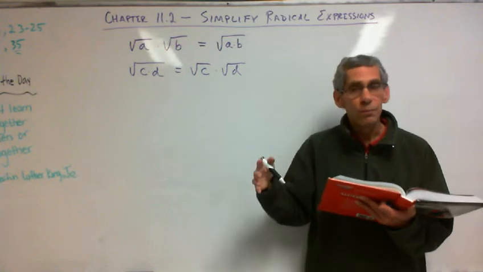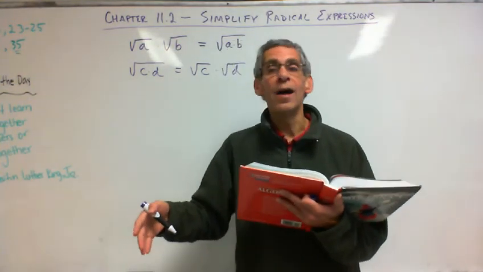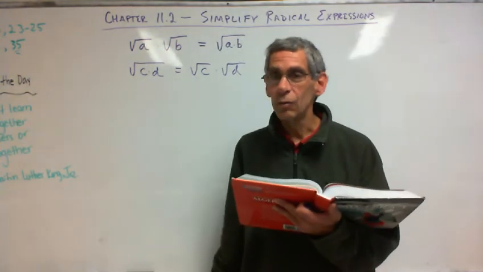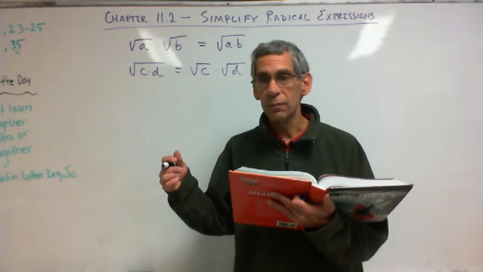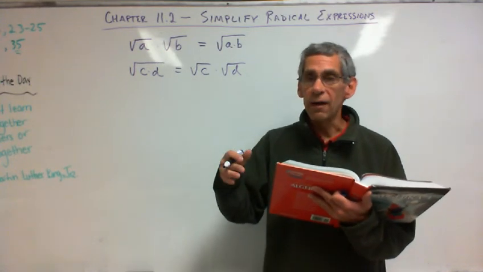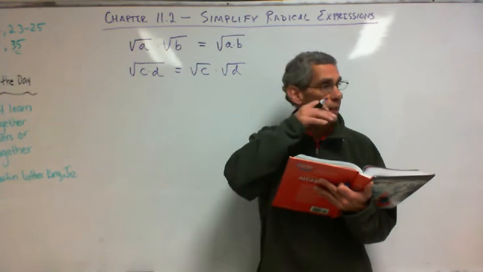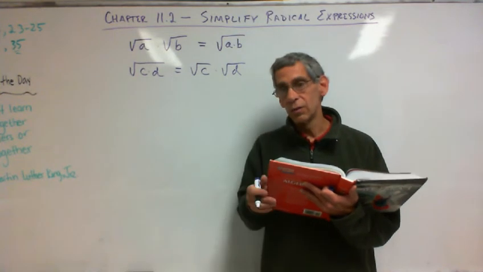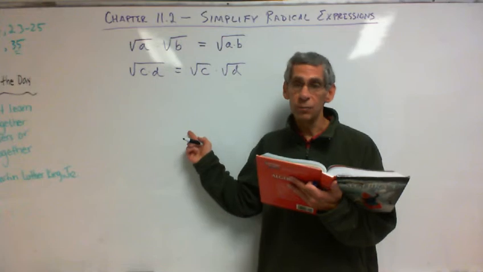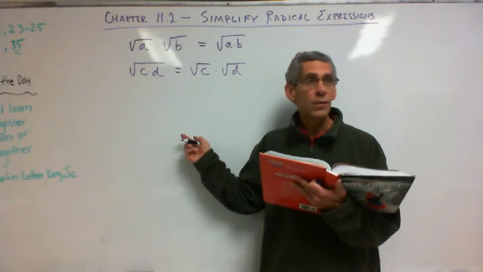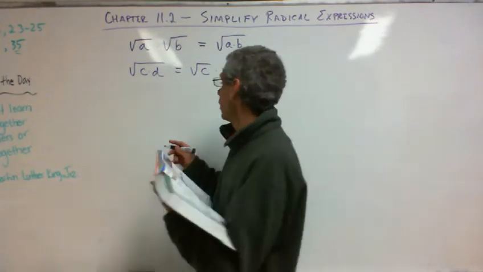Then why are we learning all this? Because it will be on all the tests. For some of your standardized tests, you will not have a calculator, or even if you do, they will ask you to simplify it. And so you have to know how.